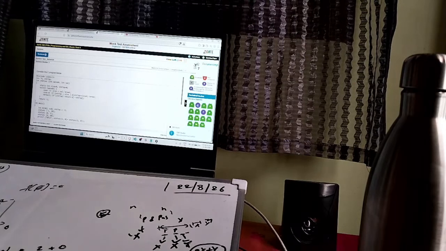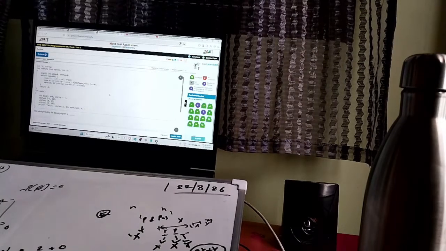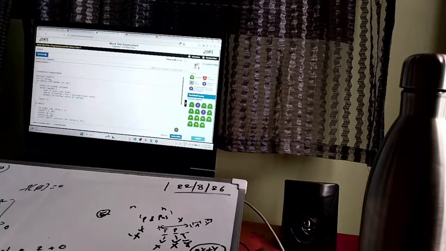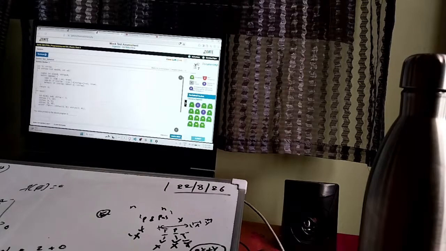What's the second question? Consider the C program code.